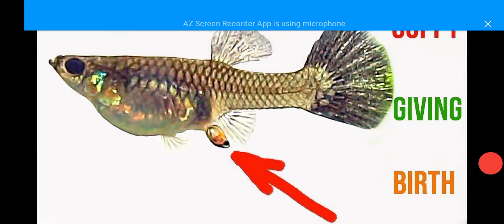Look at this red part on this side. This fish gives birth to her babies. She was pregnant, and now she delivers babies. So guppy and shark cannot lay eggs, they deliver their babies.